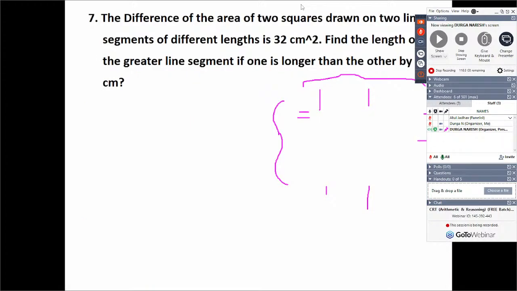The difference of the area of two squares. The way of asking the questions is different. Please focus.